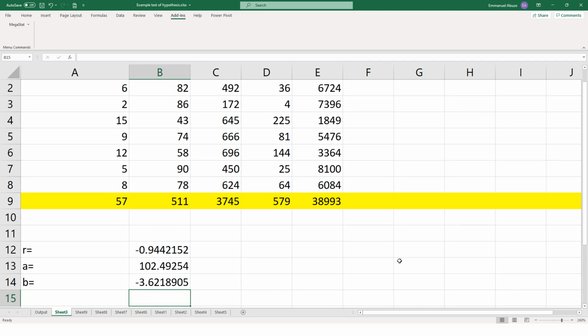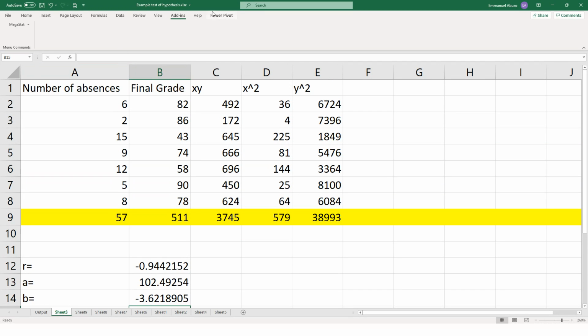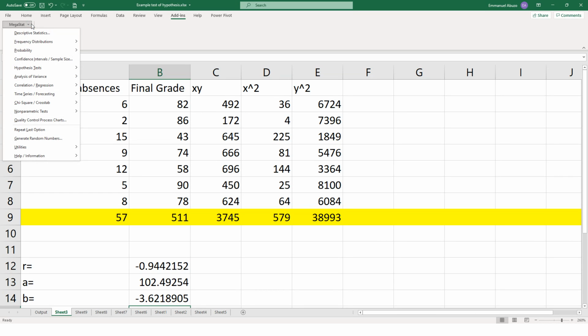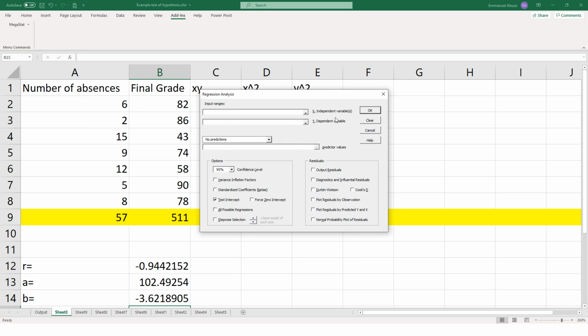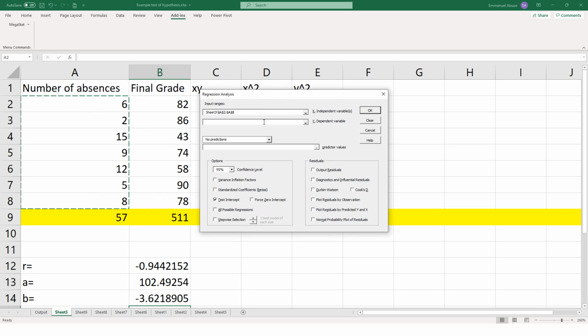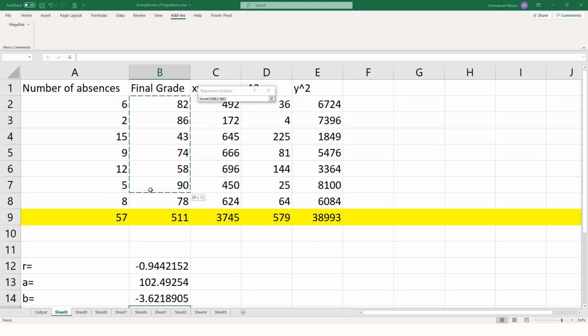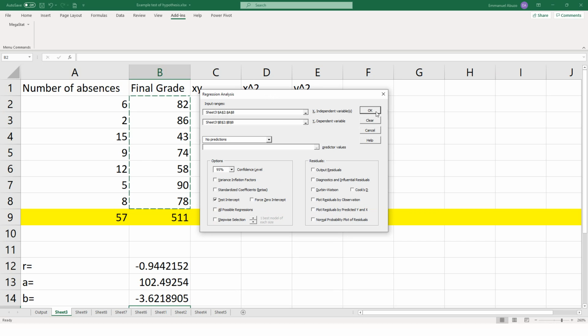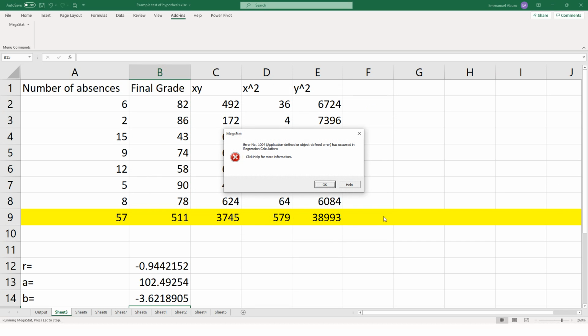So what we are going to do, we go to add-ins, we go to MegaStat, then we go to correlation regression, then we go to regression analysis. For our x would be the number of absences. For our y is our final grade. Then click OK.